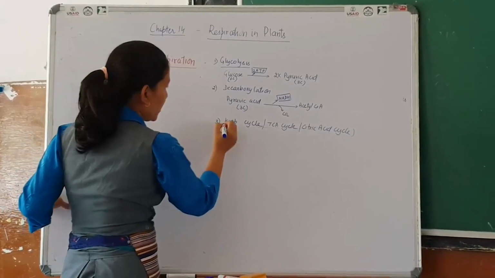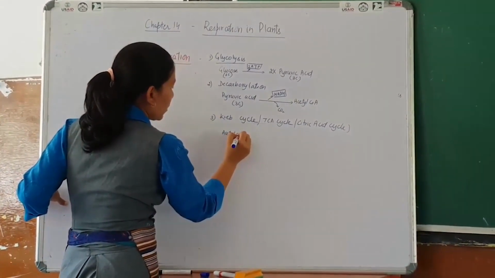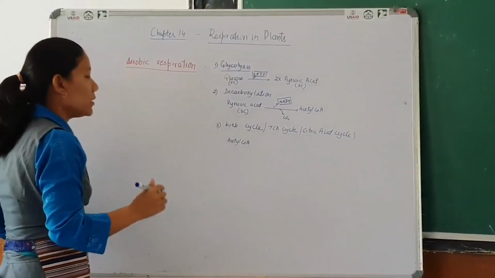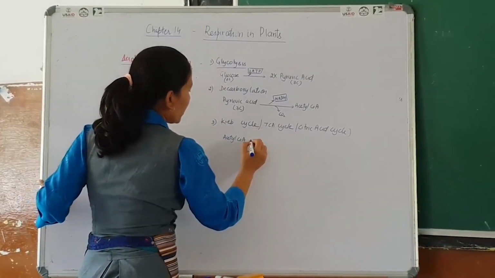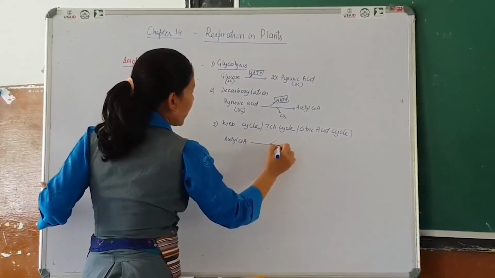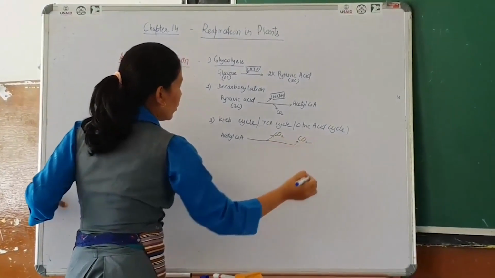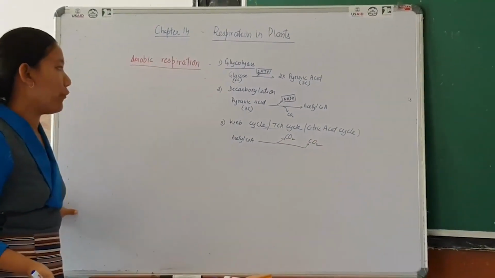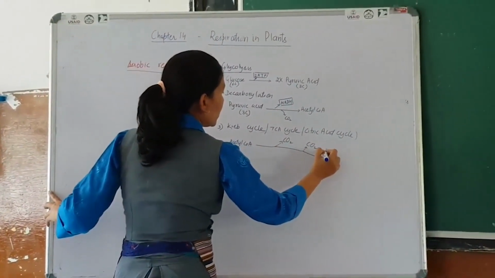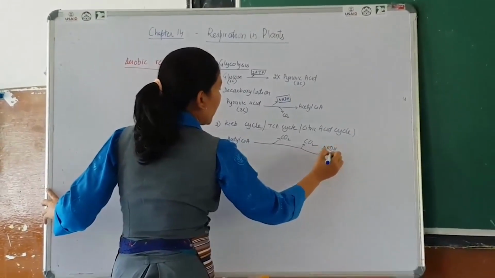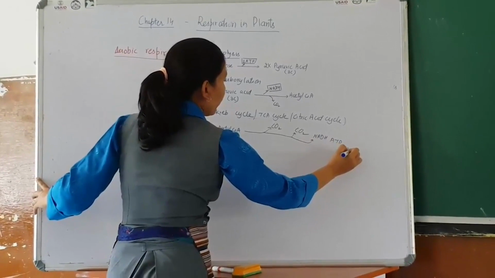In this case acetyl CoA enters into the cycle, and this finally in a stepwise direction leads to the release of two carbon dioxide, and also there is a synthesis of energy in the form of NADH, in the form of ATP, and then FADH2.